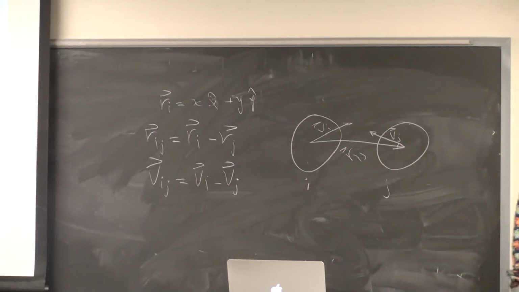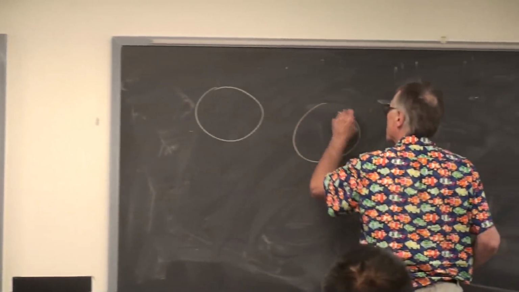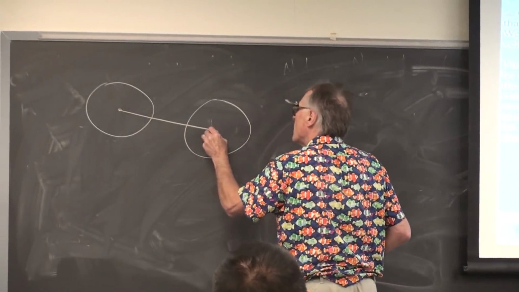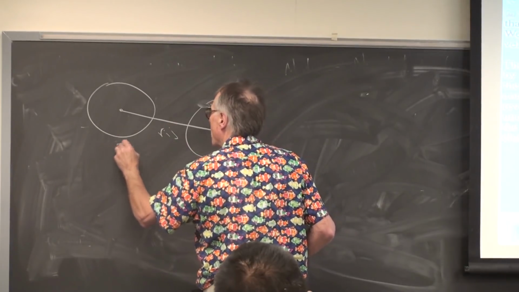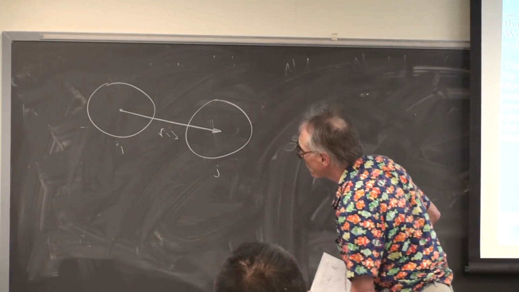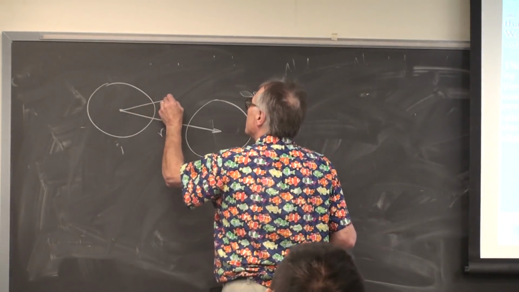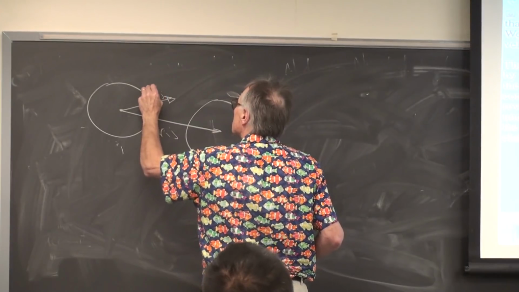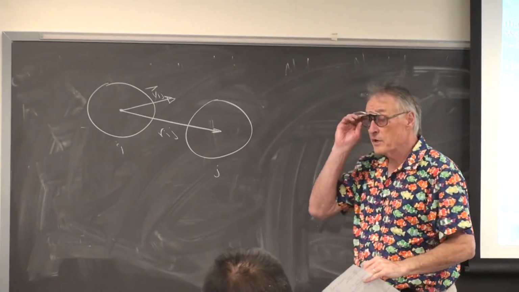And then the way we're going to figure out where things are going to go, let me try and draw a slightly accurate version of this. We have some Rij, this is ball I, this is ball J. Let's say we have a Vij that looks like this. Now the balls are frictionless.